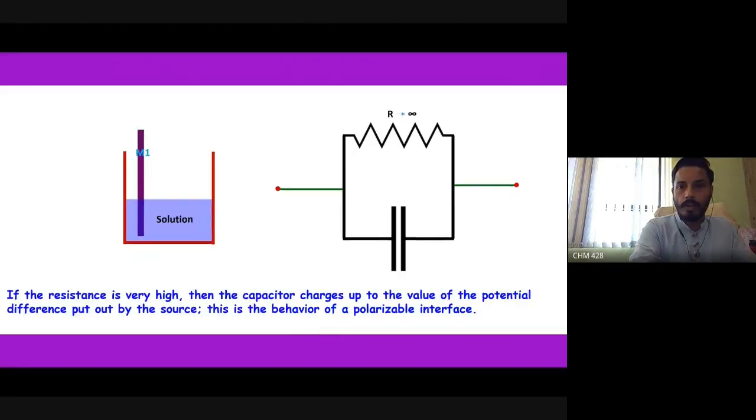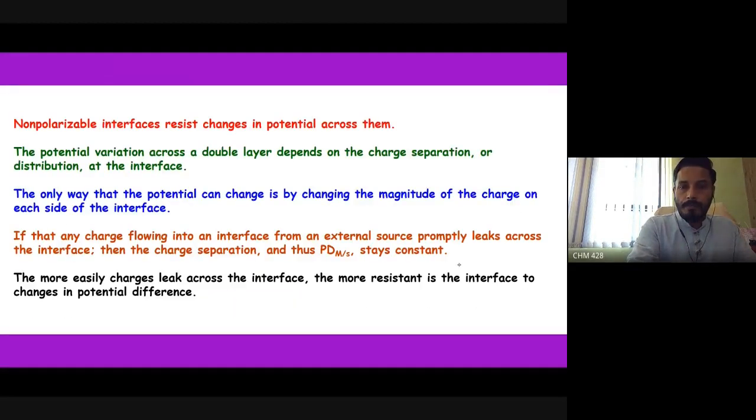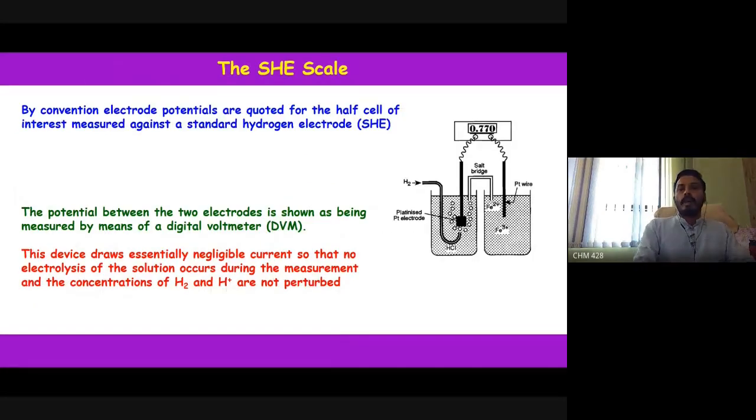Okay, these are all I think we have already covered. And your standard hydrogen electrode is one of the well-known non-polarizable interfaces because it is known to provide a constant potential. That is why it is used as a reference electrode.